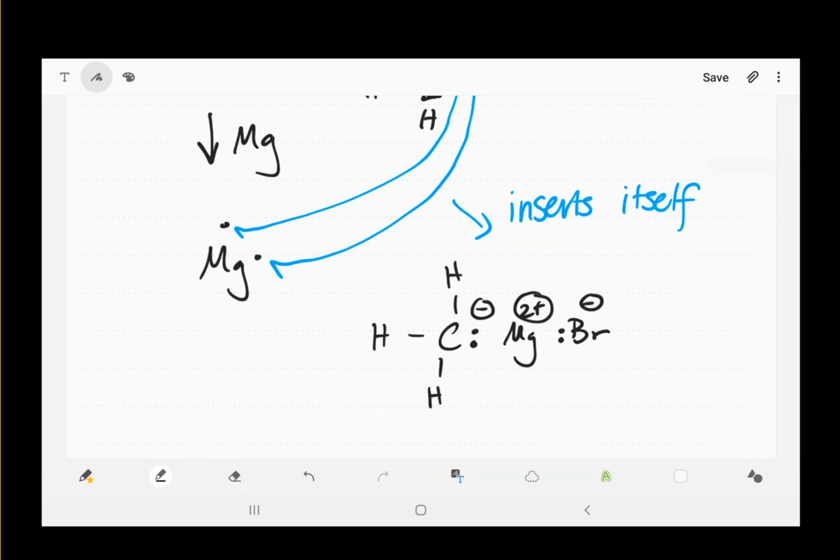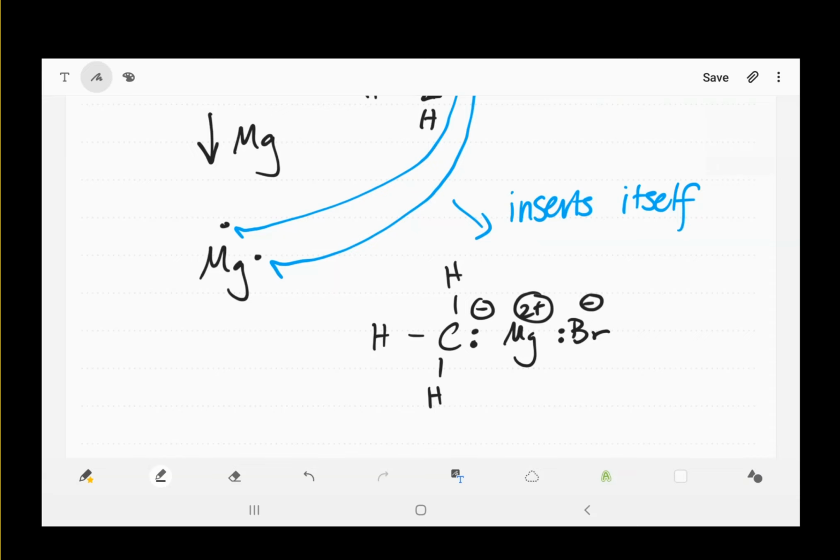Really, it's got some covalent character, but this is one way to describe it. So we have now this carbon with a negative charge, stabilized by the magnesium and the bromine there. So it's kind of like a mix between ionic and covalent, but we'll say that it's happening there.